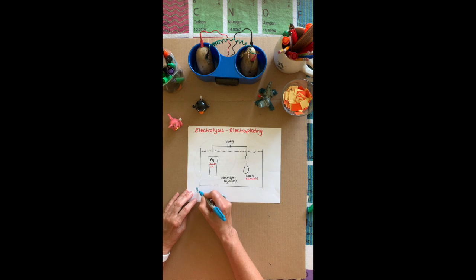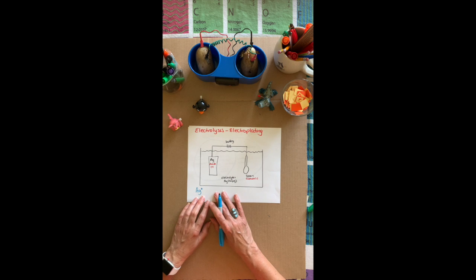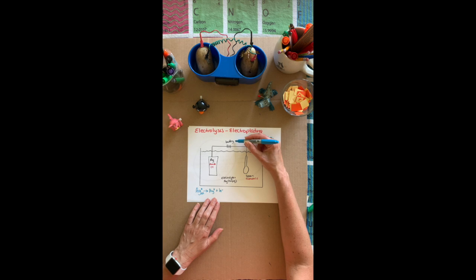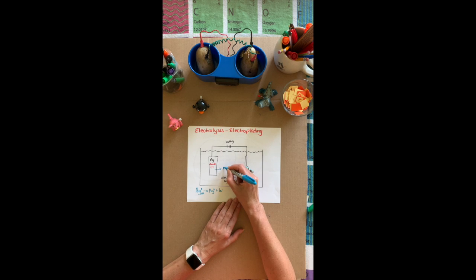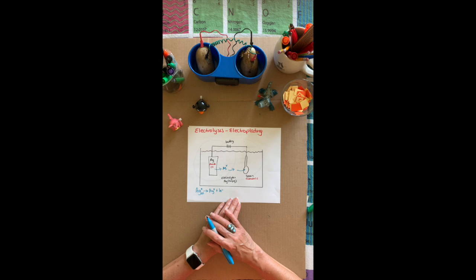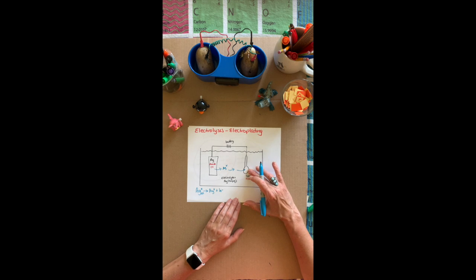So we have solid silver with a zero oxidation state, generating silver ions and electrons. This is a non-spontaneous reaction, so the battery is going to force this reaction to occur. The electricity is consumed. At the other end, here's our Ag+ ions, and they travel over to that cathode, and they deposit on the cathode as solid silver.